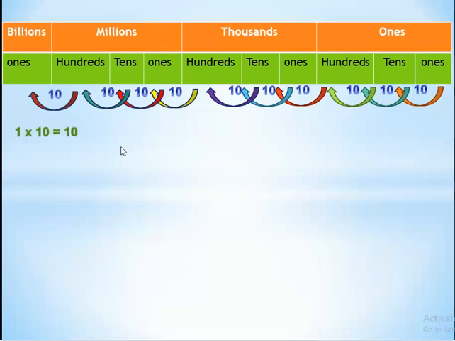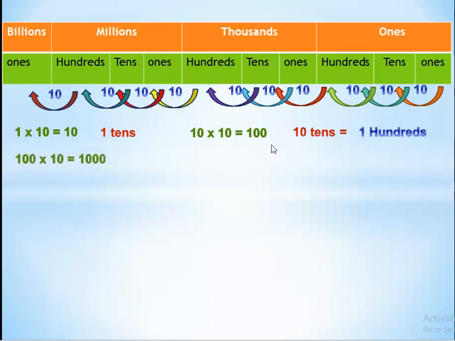So 1 times 10 equals 10, which is 1 ten. 10 times 10 equals 100, which is 10 tens. Okay, so 10 tens equal 100. 100 times 10 equals 1,000.